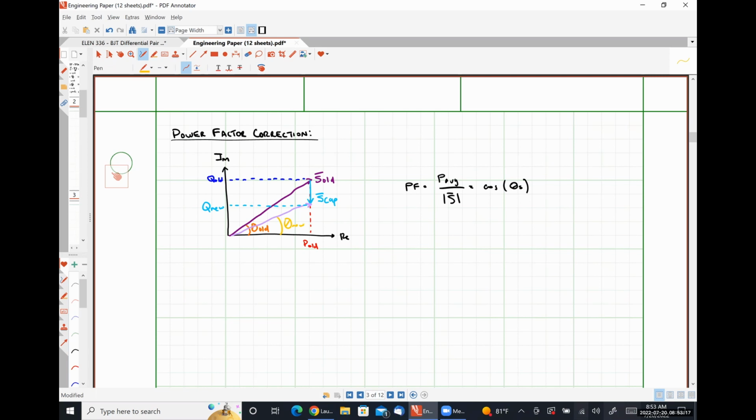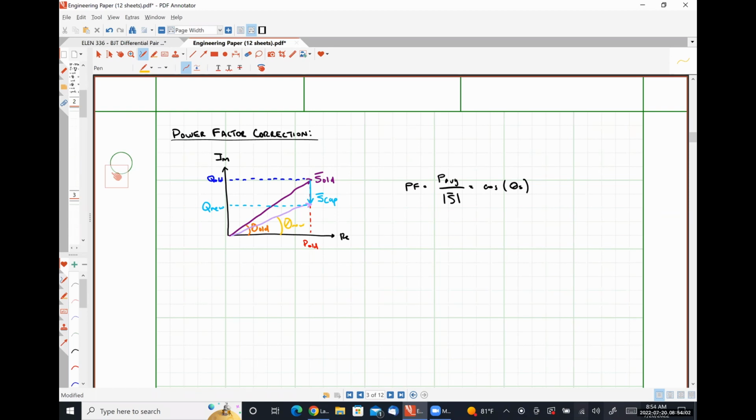We put a capacitor in parallel with our load, which injects VARs into our system, offsetting the amount of VARs that are being absorbed by our inductive load, yielding a complex power that operates at the same amount of average power absorption, but a lower amount of reactive power absorption, which in turn implies that our power factor has been increased.